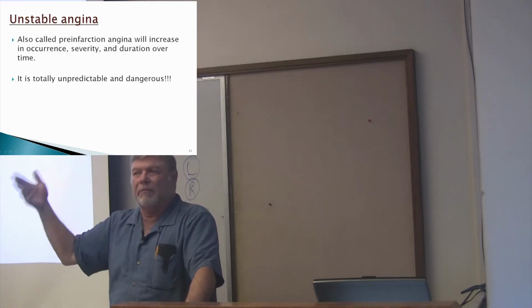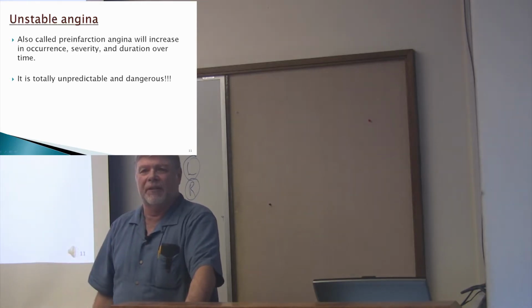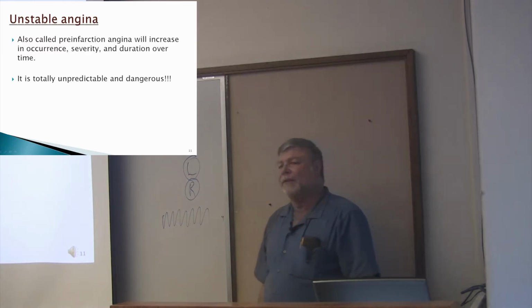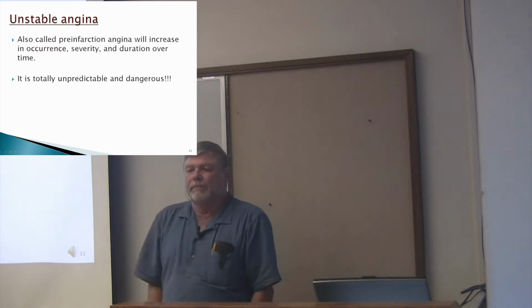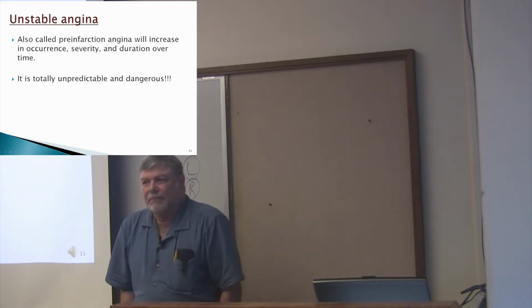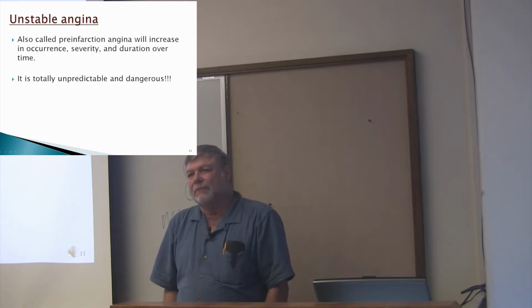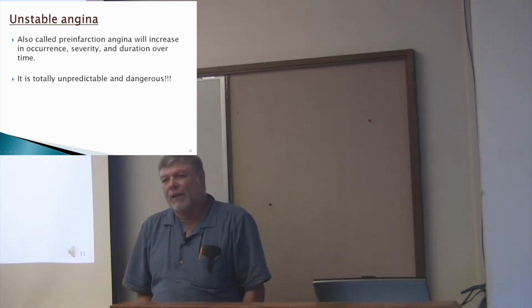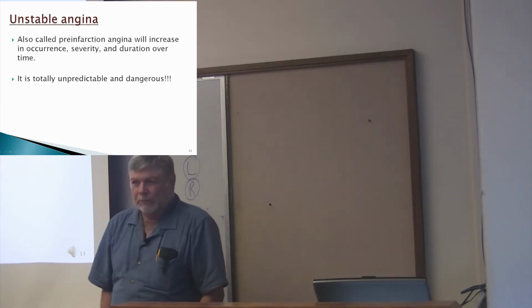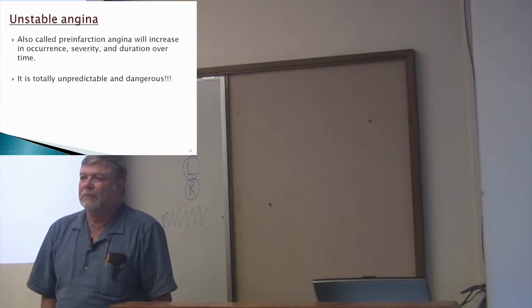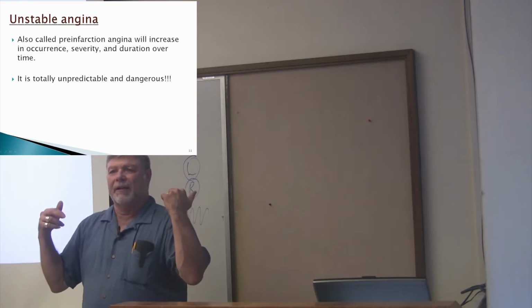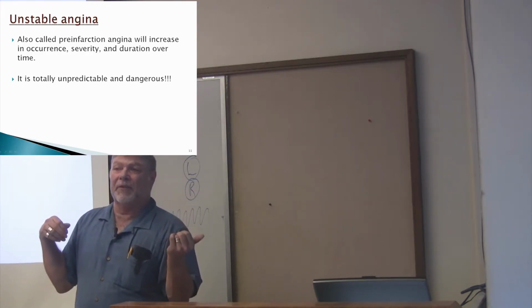What do you think is actually going on anatomically, physiologically, that makes unstable different from stable? Well, I'm not talking about prevention. I'm talking about really what's the underlying thing that's causing it to be considered unstable versus stable.